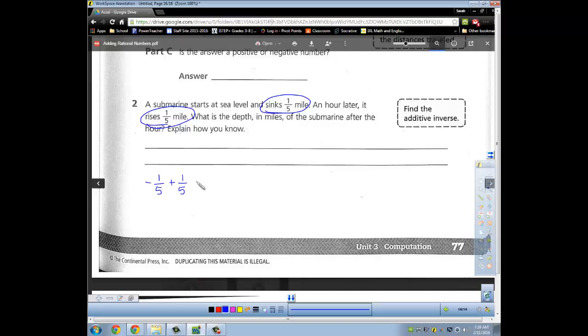Well, same number, different signs, additive inverses, so that's 0. So the answer was 0, and we know this because negative 1/5 and positive 1/5 are additive inverses because they are opposites, which add to get 0.